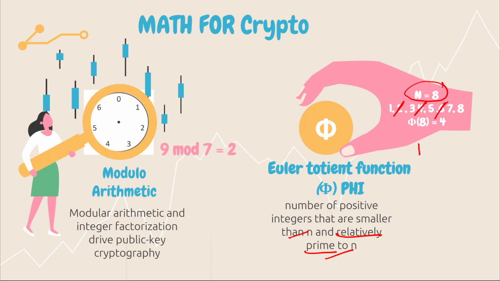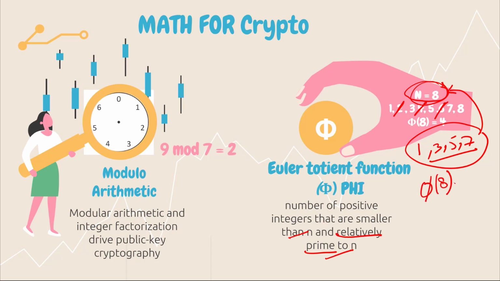Similarly 6. So now 1, 3, 5, and 7 are the 4 numbers less than 8, my original number n, that are relatively prime to 8. So I will say the phi of 8 is 4.